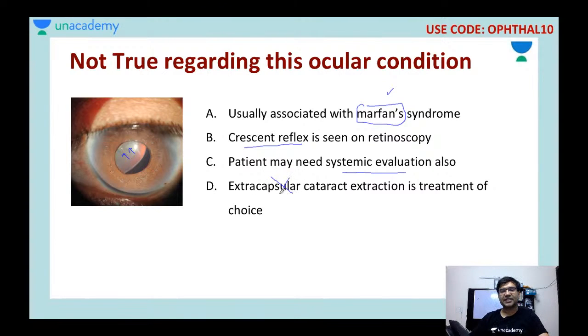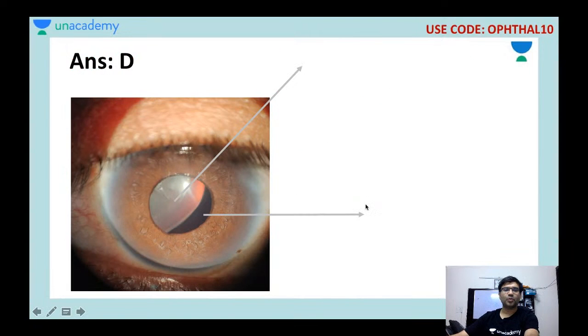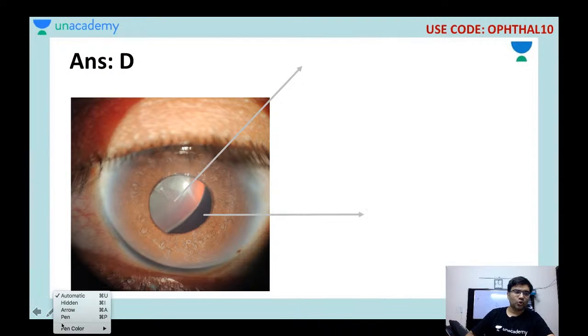Extracapsular cataract extraction is not the treatment of choice. There are two treatments that you can do in these patients. Can anyone tell me what are the treatments that we can do in a patient of ectopia lentis? Before I go to that, this is the phakic reflex and this is the crescent reflex that we are talking about.